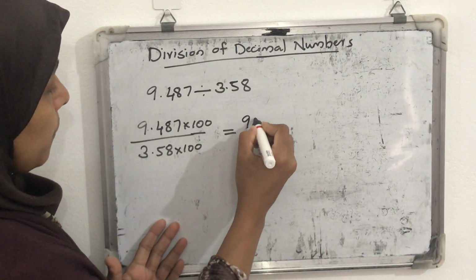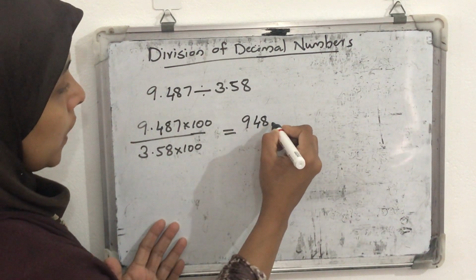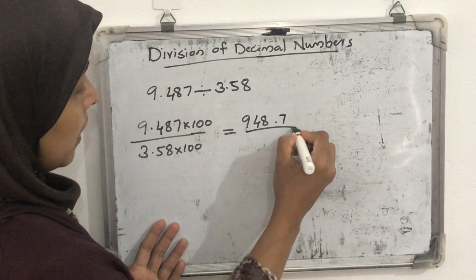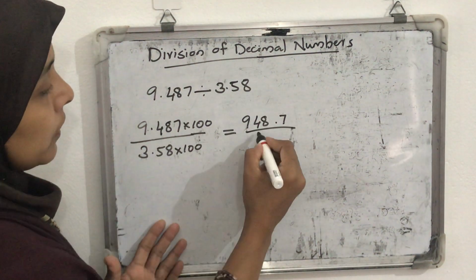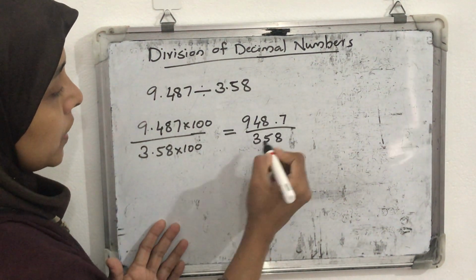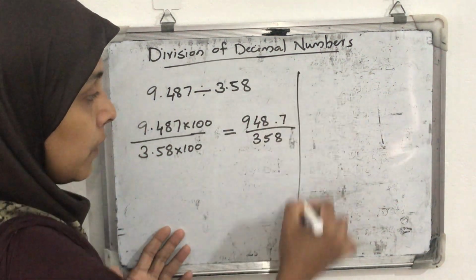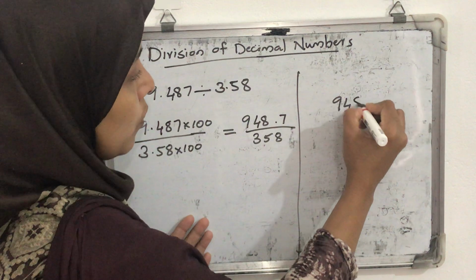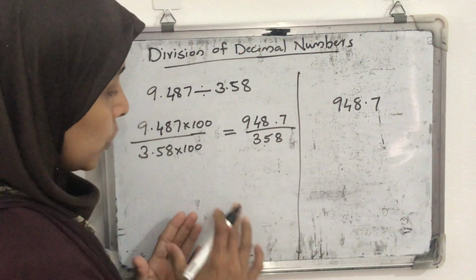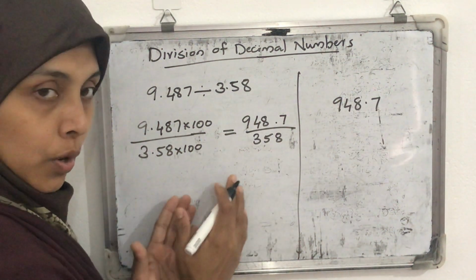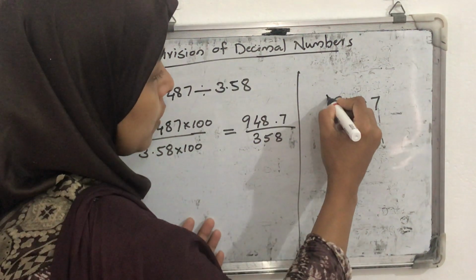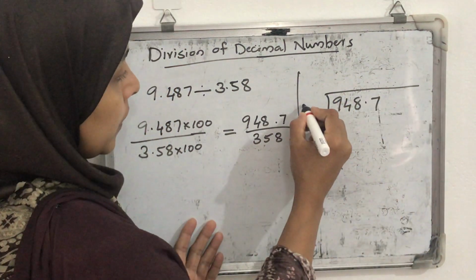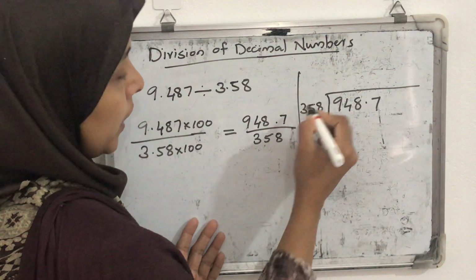So 948.7 divided by 358. Okay. Now we can do that division here in the working column, or on the main side also, because we only want to do this division. No need of taking a working column. 358.